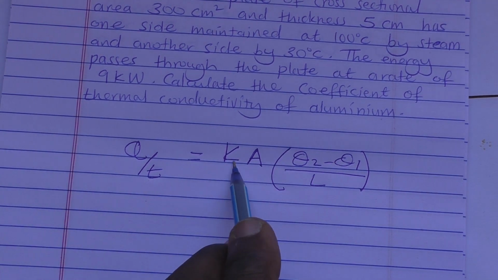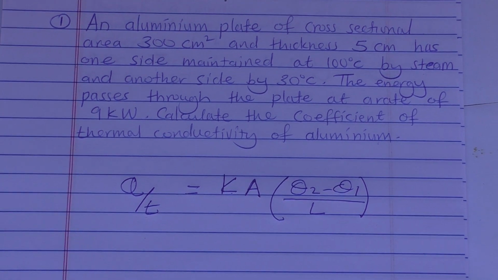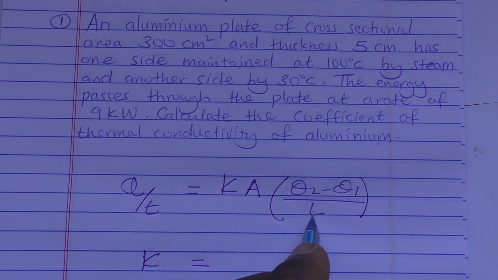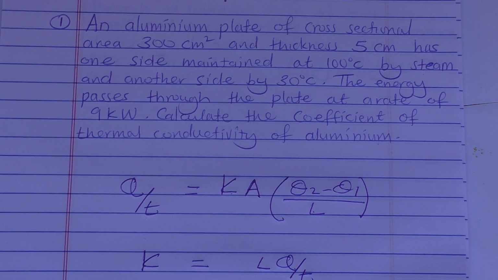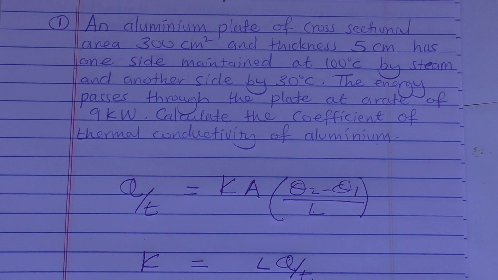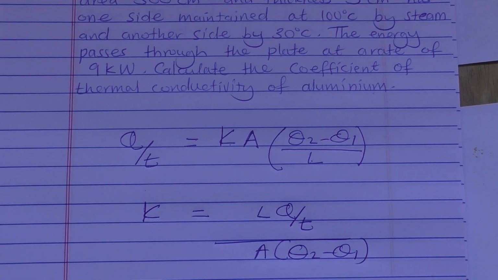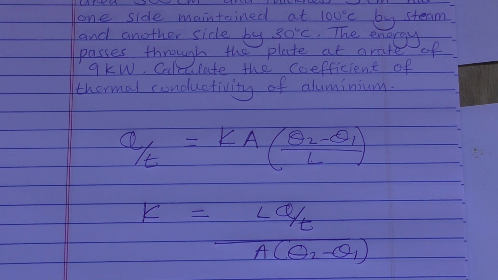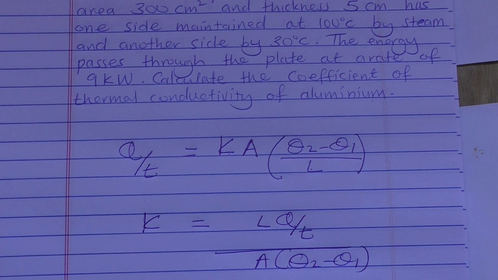So they want us to get the thermal conductivity K. We shall make K the subject, that is K equaling, when we multiply through by L, L times Q over T over A into (theta 2 minus theta 1). And now we shall run back to our question and summarize the given information.